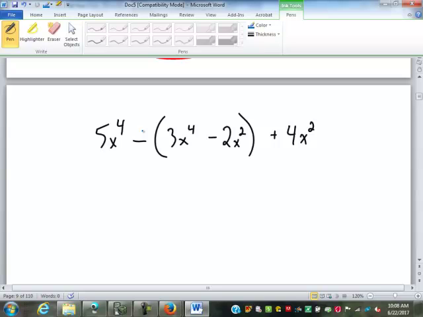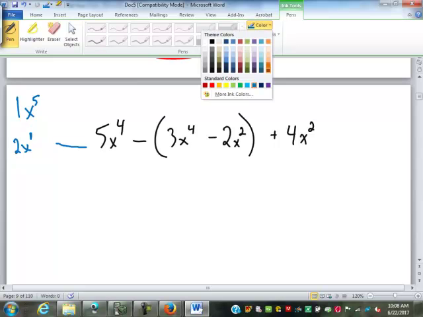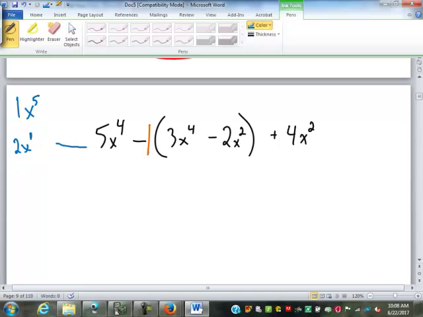What that really is, we've talked about ones that are there, we just don't write them. Like, x to the fifth is really 1x to the fifth, we just don't write it. Or 2x is really 2x to the power of 1, we just don't write that 1 in there. Here's another spot where there is a 1 that we just didn't write in. That is really negative 1 times that parentheses.